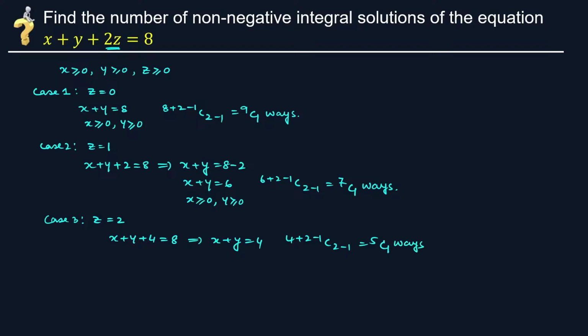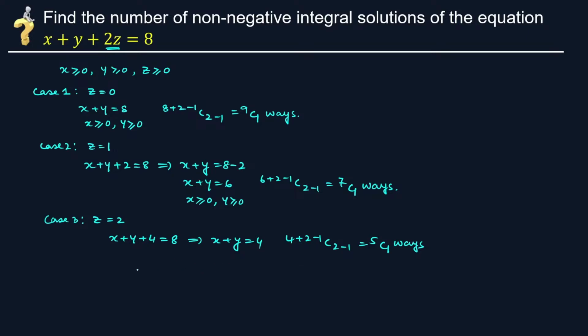In each solution, z is going to take the value 2, and the total of these 5 ways will give us different combinations of x and y such that when you add them, you get the sum as 4.